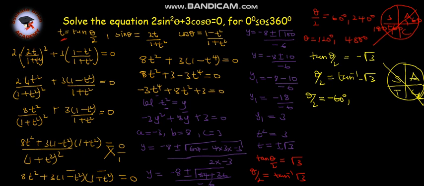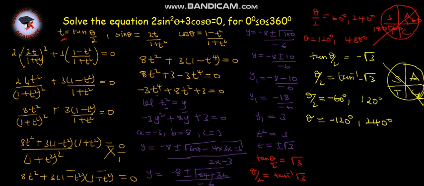So in this region 180 minus 60, which is 120 degrees, and theta will be equal to negative 120 degrees and 240 degrees.